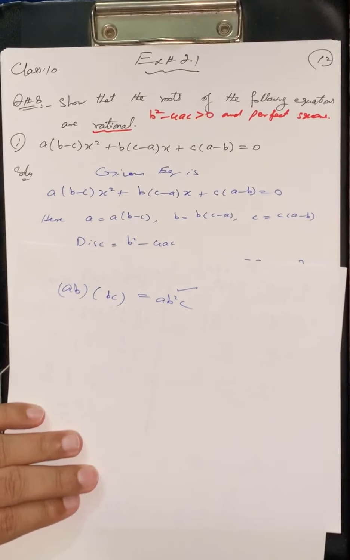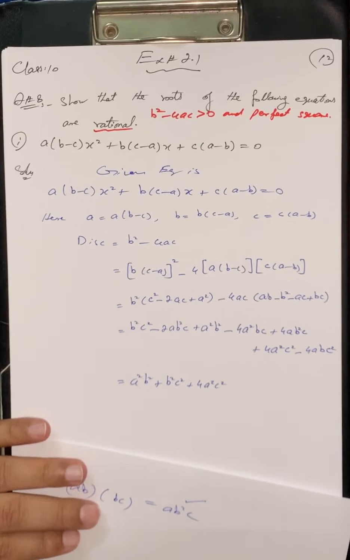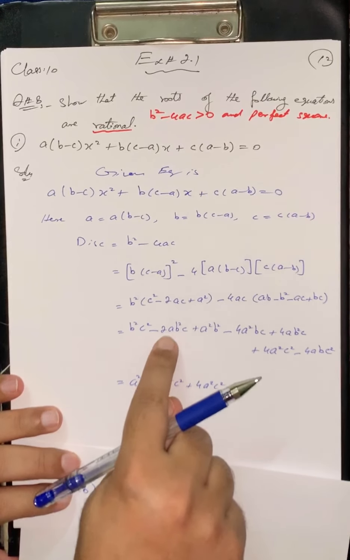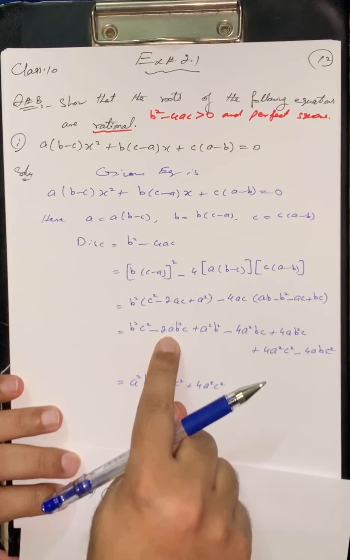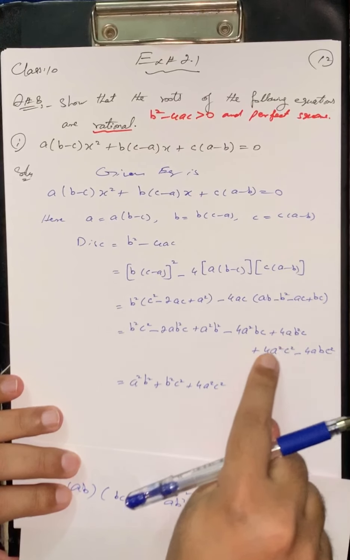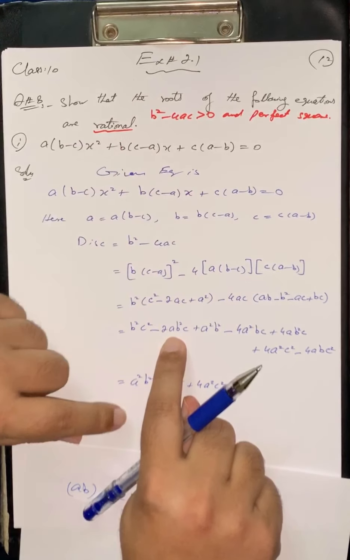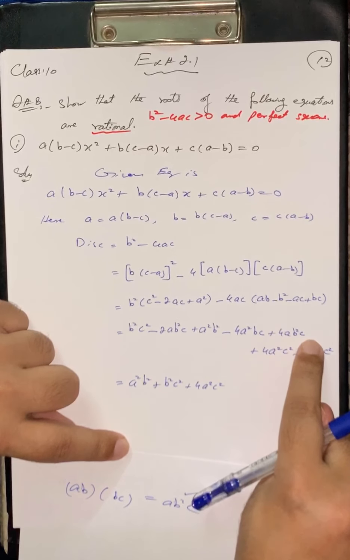So just find ab square c. Where is ab square c? This is minus 2ab square c. Something else? ab square c. This is minus 2ab square c, plus 4ab square c.